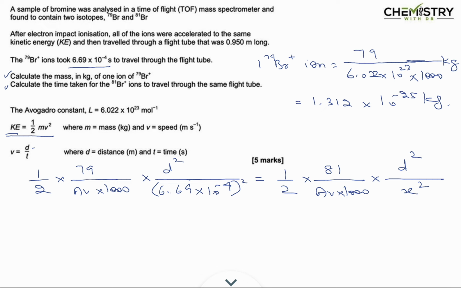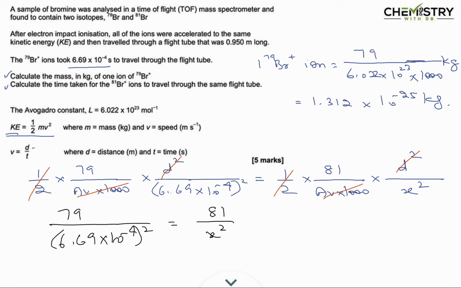Now you see what are the common species we are going to cancel out on both sides. Half is common on both sides, we are going to cancel this. Avogadro and 1000 is common on both sides, we will cancel this. D squared is common on both sides, we can cancel that also. After this, we will have 79 divided by the 6.69 times 10 to power minus 4 squared is going to be equal to 81 divided by x squared. x is the time that we have to find out.